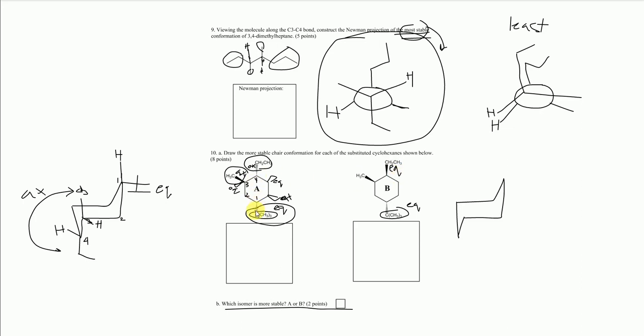If you saw over here, I had dash, and they were opposite, equatorial and axial. But when you have dash, and then on the opposite side you have a wedge, they're going to be the same position, okay? So that's just an easy trick. And then whenever you have 1 over, then you're going to have everything flipped. And then when you have 2 over, then you're going to have restored what you initially had.